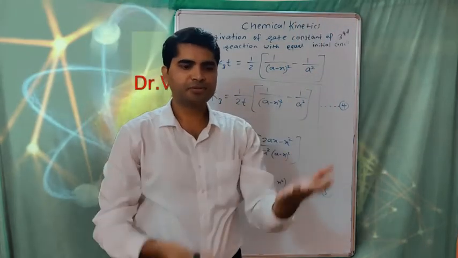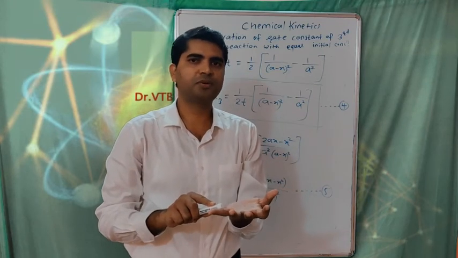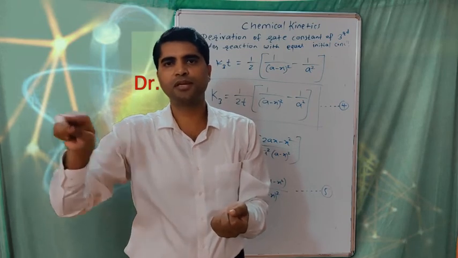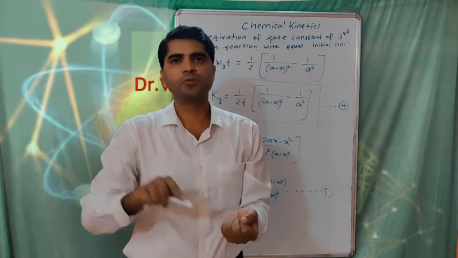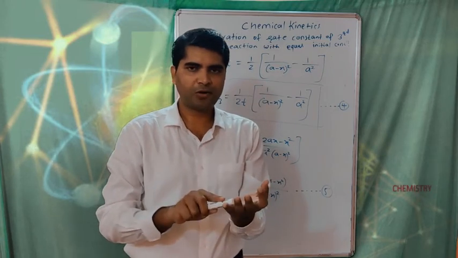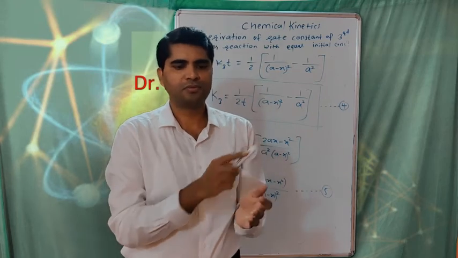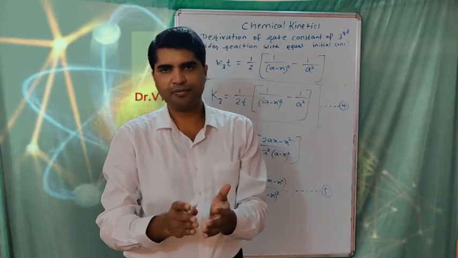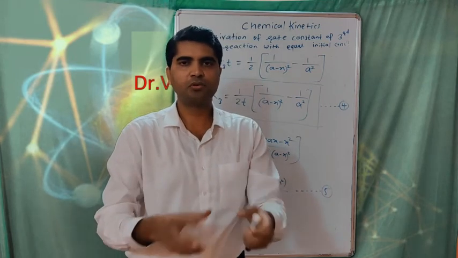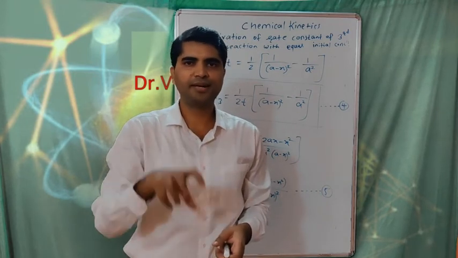So remember the steps. First we considered a general third order reaction with equal initial concentration, either 3A gives product or A plus B plus C with equal initial concentration gives product. That general reaction we considered. Then we applied the rate law. After applying the rate law, by definition of rate equation we wrote it, and once the rate equation and rate law were there, we equated both, and in the equated equation a derivative term is there.